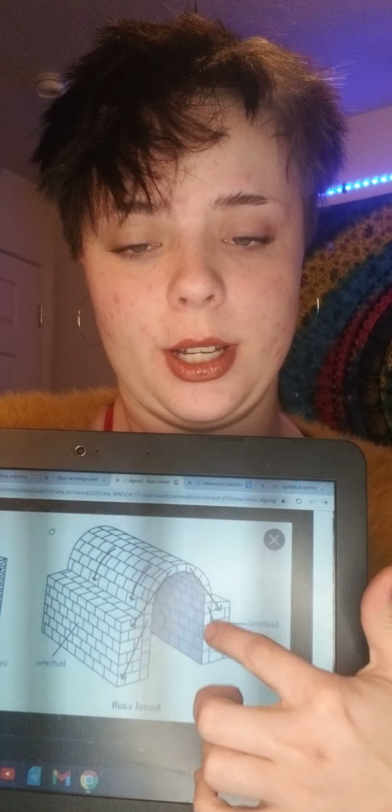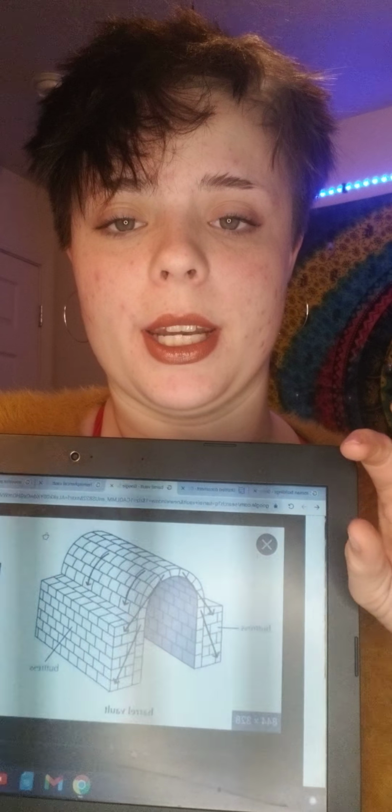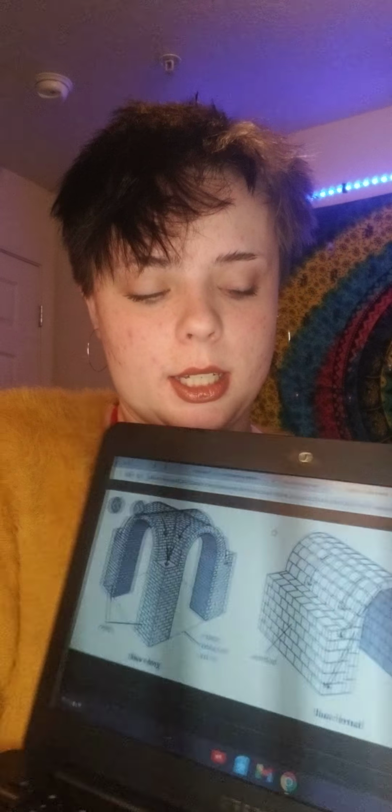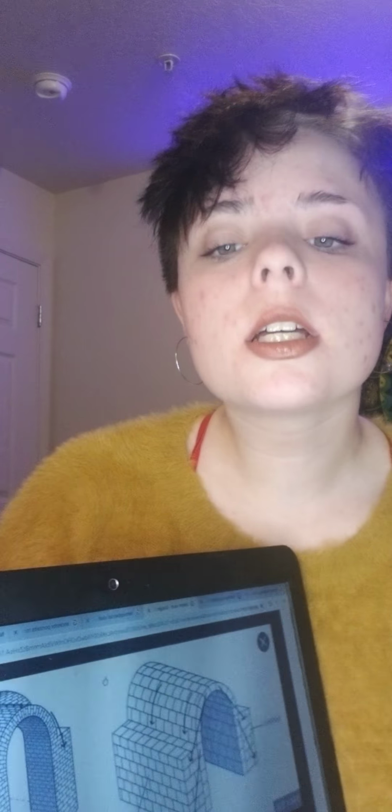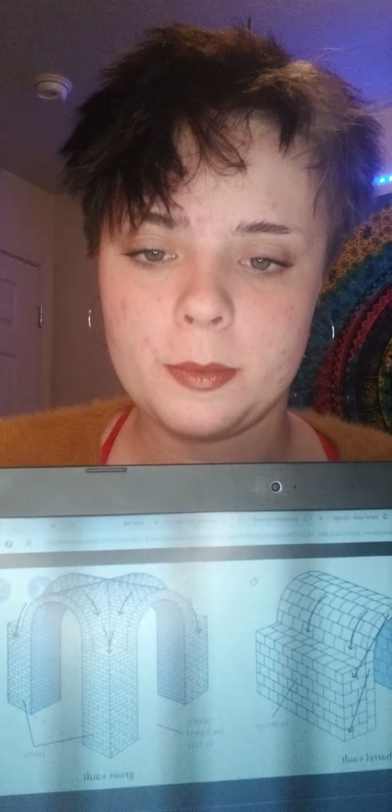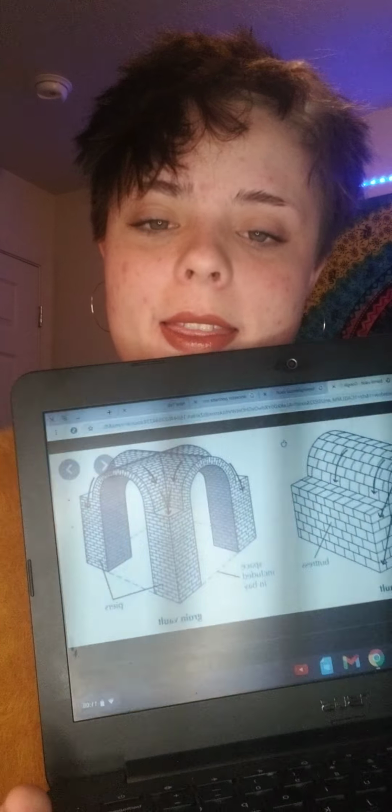It's like a regular arch, but it extends out from the building, which again is called a barrel vault. And then the next one is, I believe, groin. I don't want to say groin, but I don't know how to say it. Vault. It's basically two barrel vaults intersecting to make a T, which looks like that one.